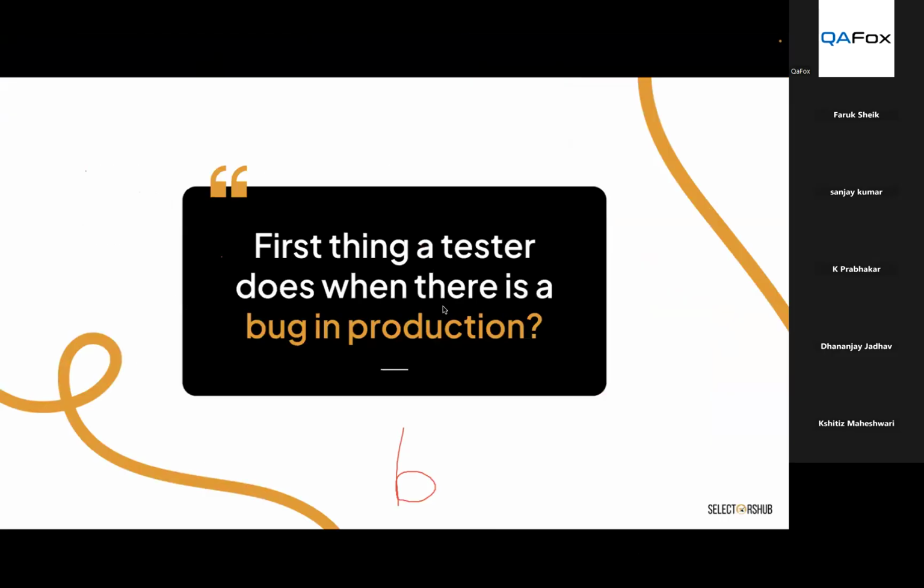Okay, so what is the first thing a tester does when there is a bug in production? RCA, log a defect, raise the bug, we'll try to reproduce it in the QA environment.